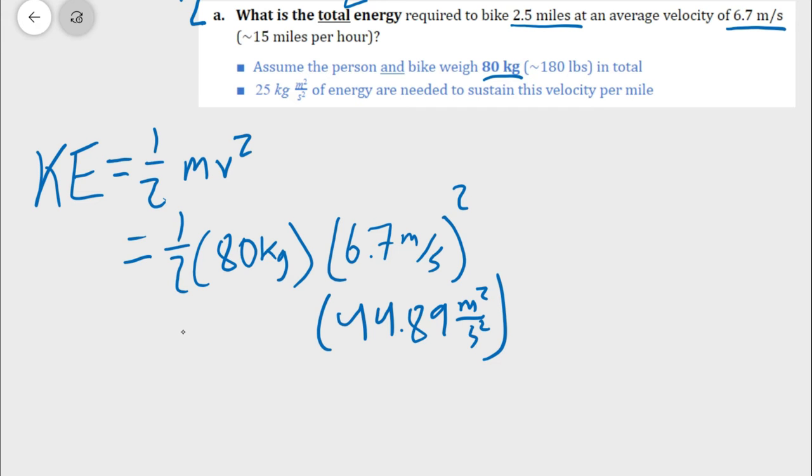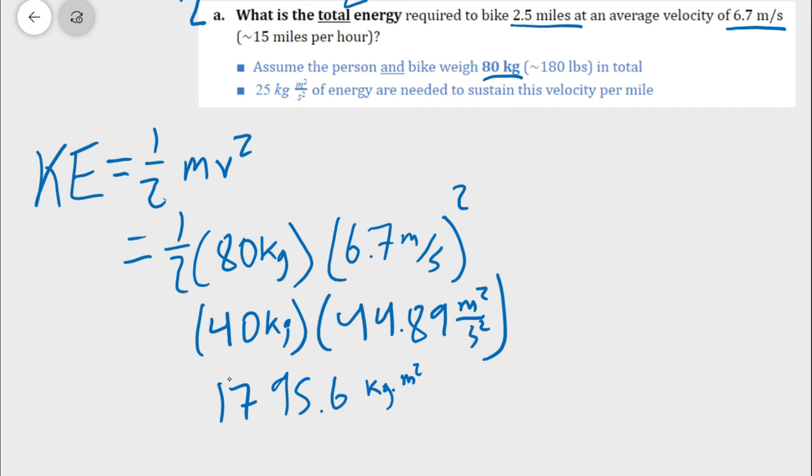I'm going to go ahead and jump there too. That should be 40 kilograms, right? That's half of that. And 40 times 44.89, multiplying that here, that should be around 1795.6 is what I'm getting in total. Kilograms times meters squared over seconds squared, our unit for energy.